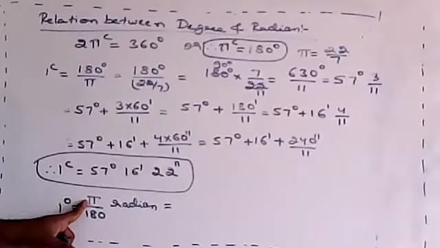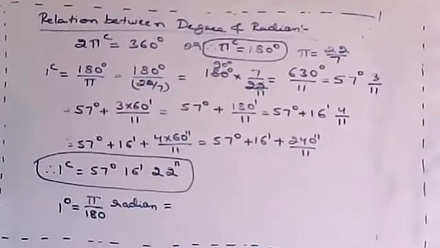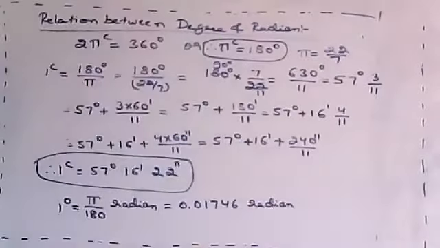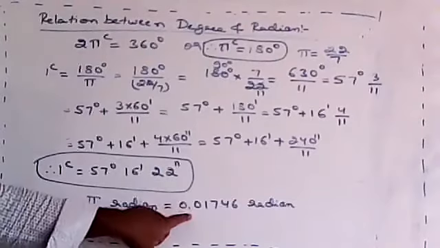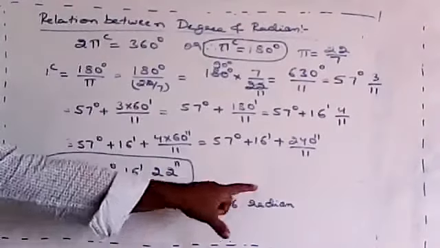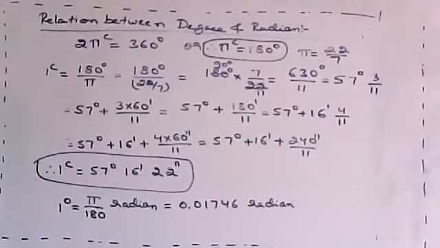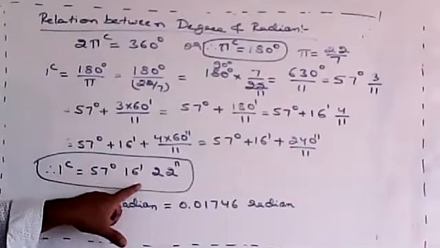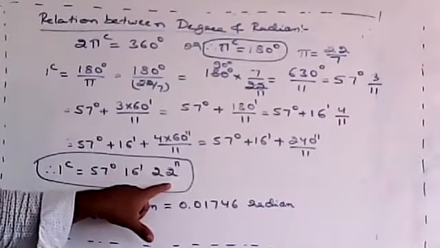Just calculate this one. In the place of pi, you put 3.14 or 22 by 7 and calculate, you'll get the answer as 0.01746 radian. Just calculate yourself this one. Okay. Pi by 180 means what? 0.01746 radian. These are the relations between radian and degree. Remember? So 1 radian is equal to 57 degrees, 16 minutes, 22 seconds.